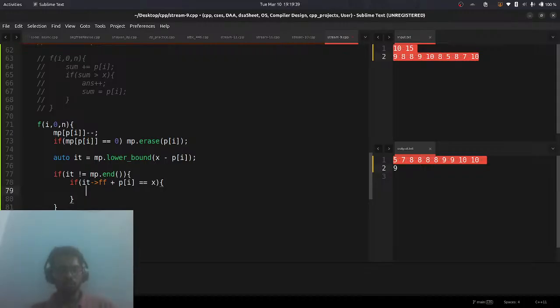This will not work. Even if it works the way I'm implementing it, it will not work.